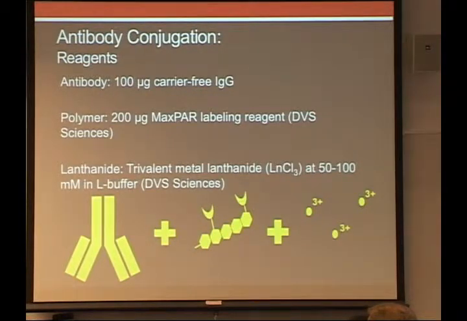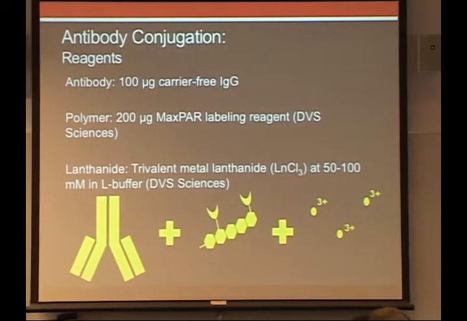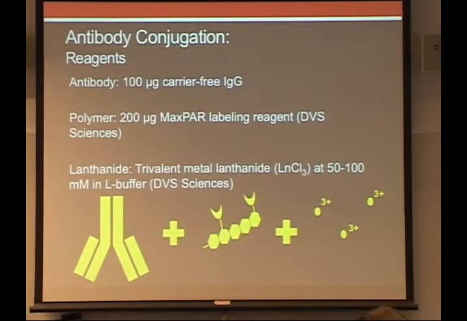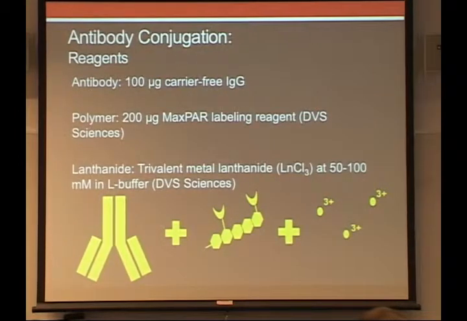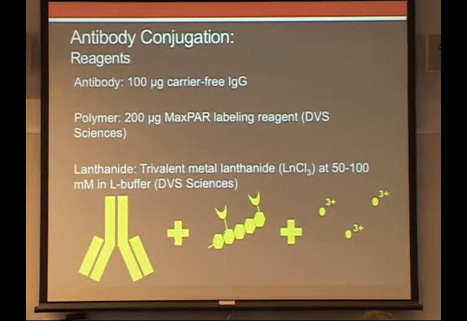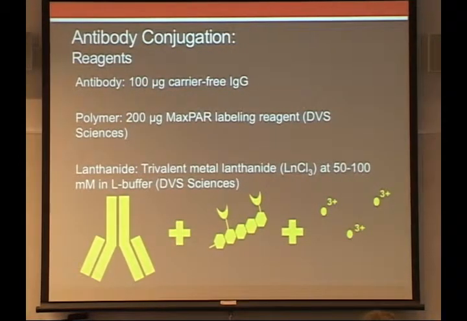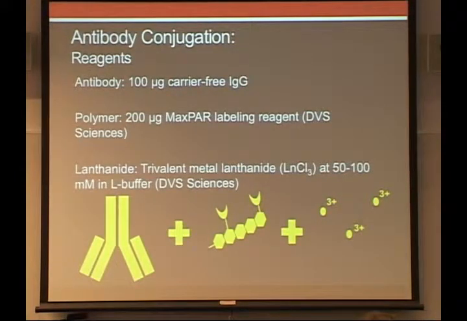It is possible to label some IgMs, but there's heterogeneity there. So IgGs if possible. And the protocol that we use has been optimized to label 100 micrograms of antibody at a time, which at the end of the day will give you enough reagent for several hundred tests when it comes time to do your experiments. So a stock, depending on how active you are in the lab, can last you quite a while.